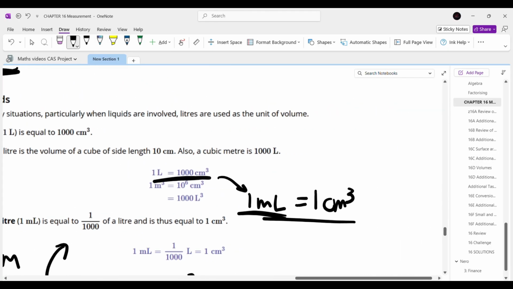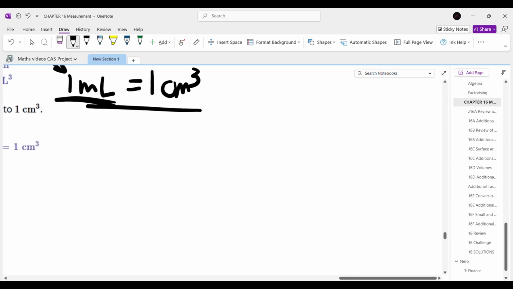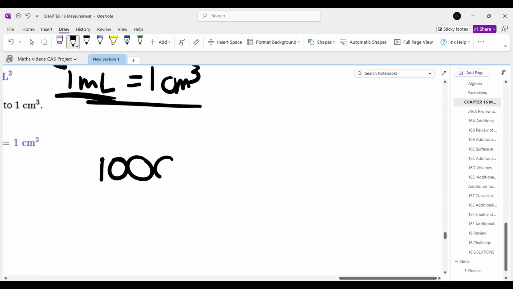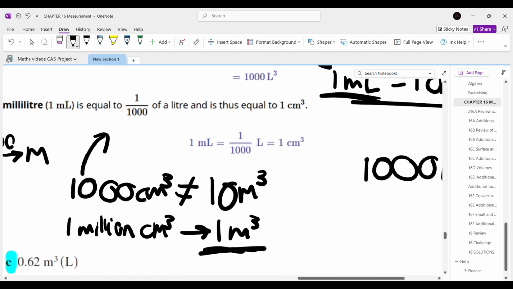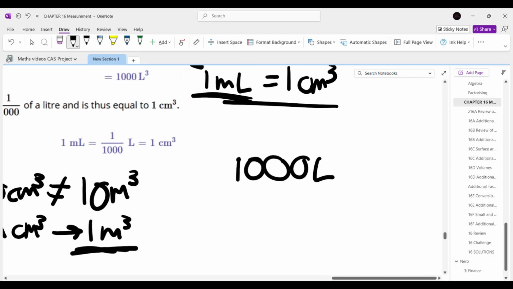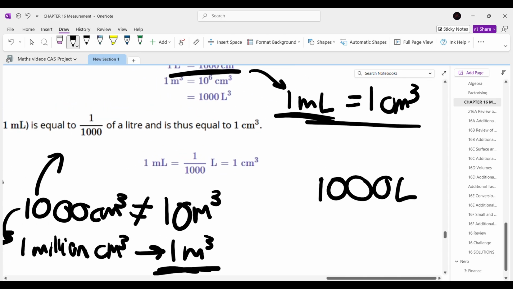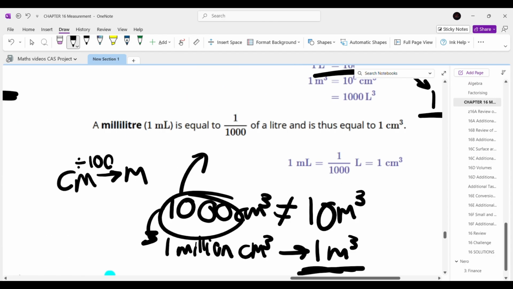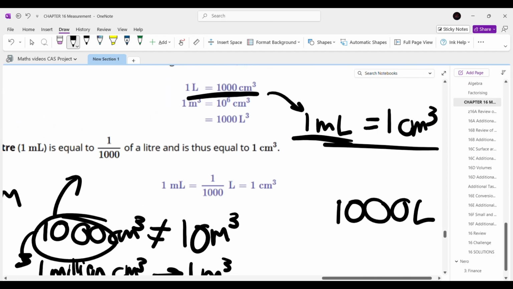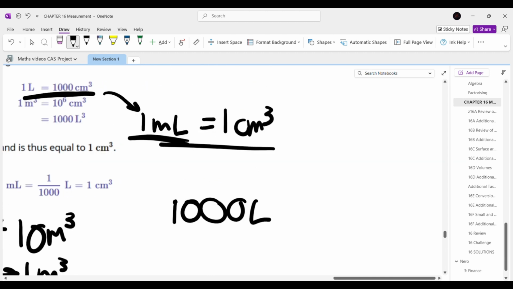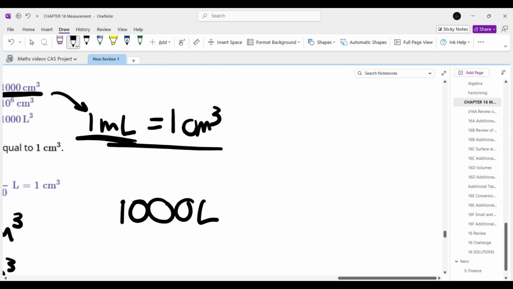Also, when you multiply 1,000 cubic centimeters by 1,000, you get a million, which is equal to 1 cubic meter. So 1,000 liters, which is 1,000 times this value, because 1 liter equals 1,000 cubic centimeters, is equal to 1 cubic meter of a fluid.